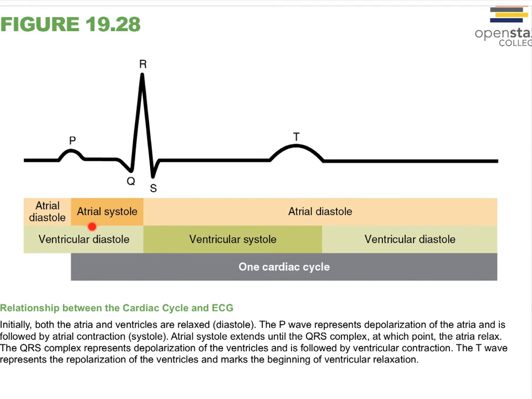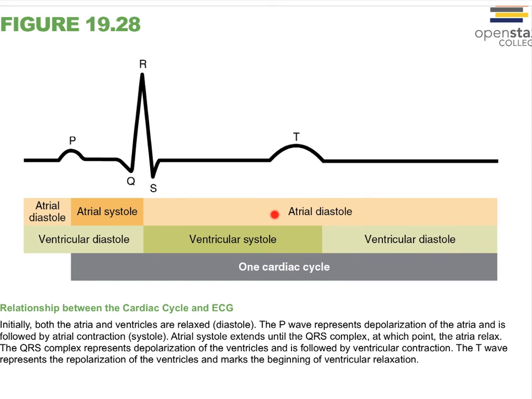So we first have atrial systole, the squeezing of the atria, then they begin to relax, and then the ventricles begin to squeeze. And they continue to squeeze into the T wave because we need to have repolarization of the ventricles occurring first before we can see ventricular diastole. So near the end of the T wave, definitely we should see that the ventricles start to relax.